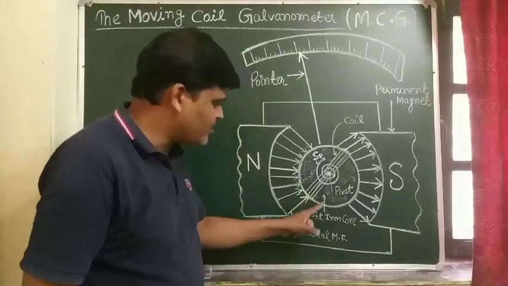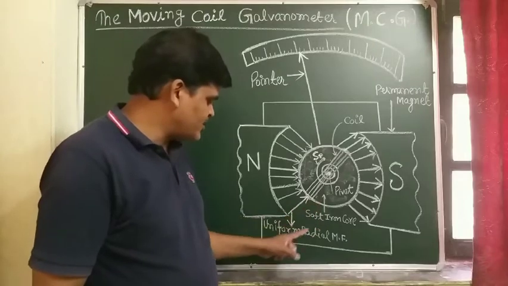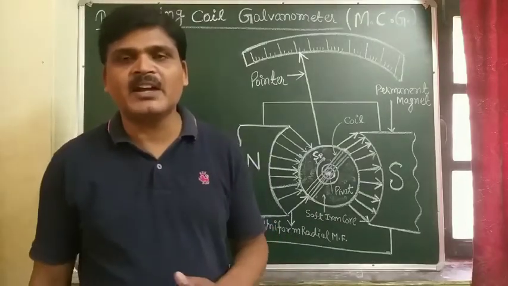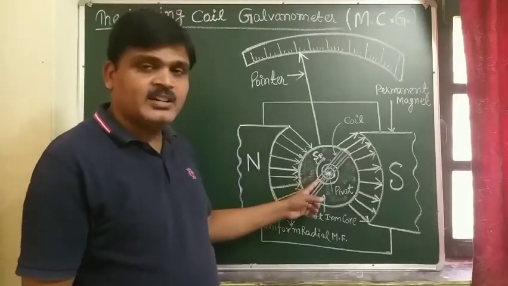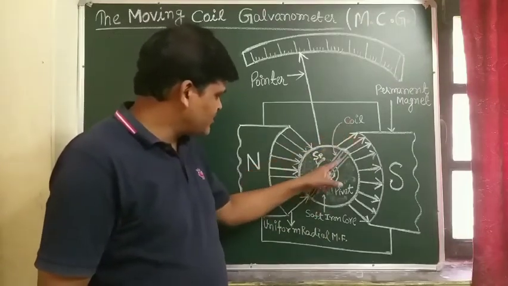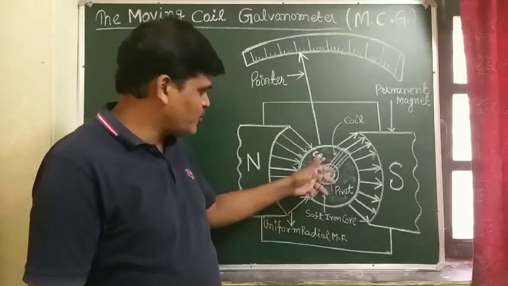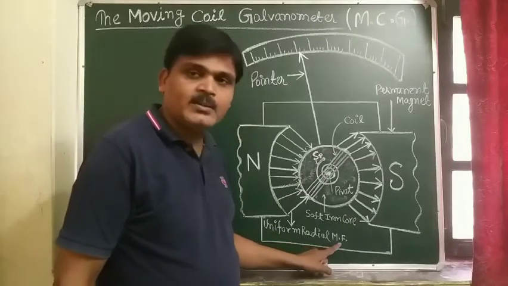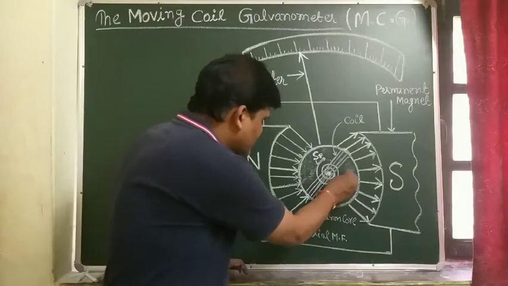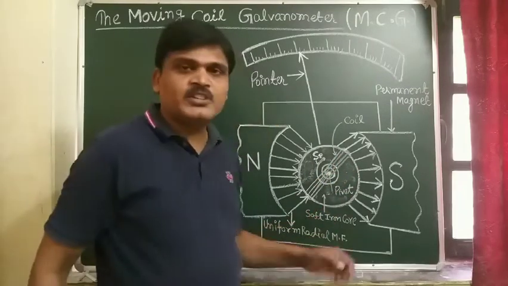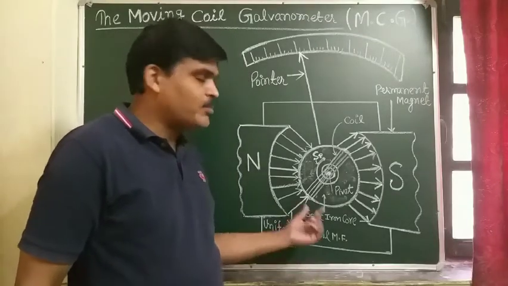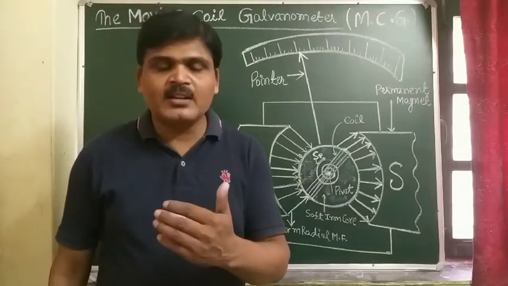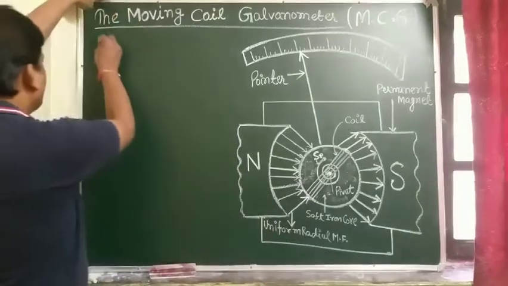There is a cylindrical soft iron core which not only makes the field radial but also increases the strength of the magnetic field.